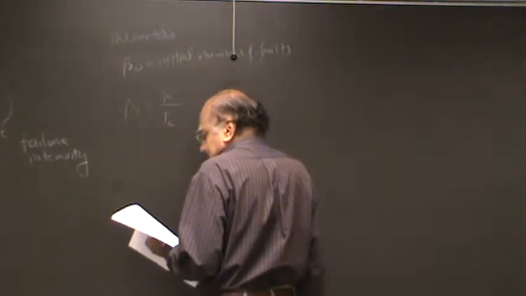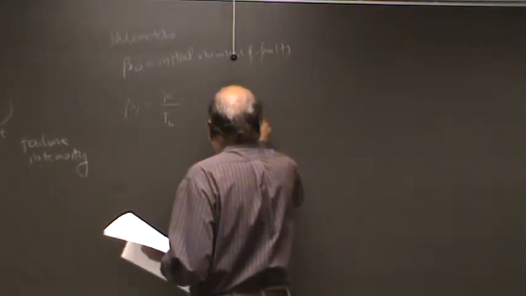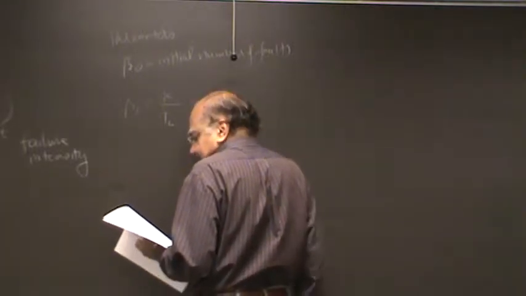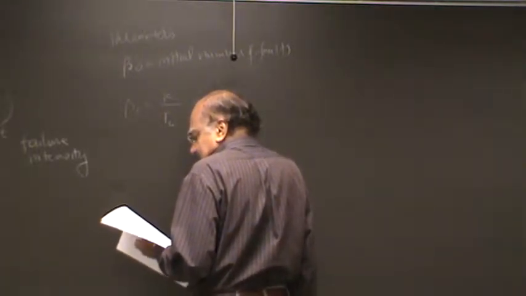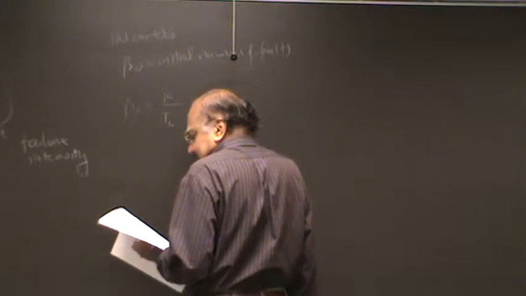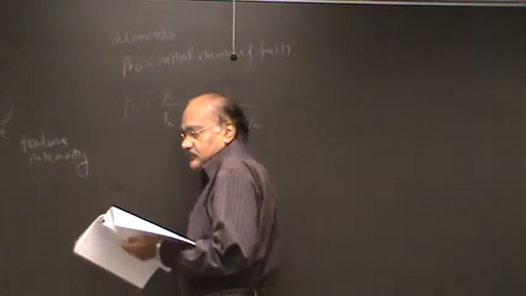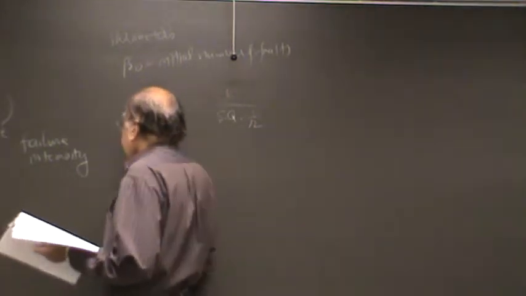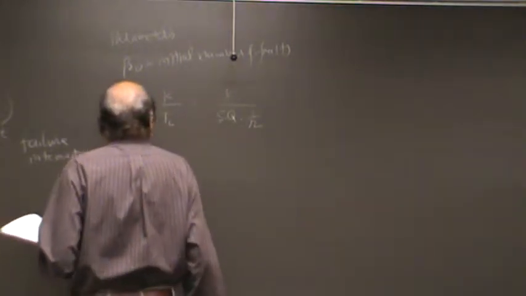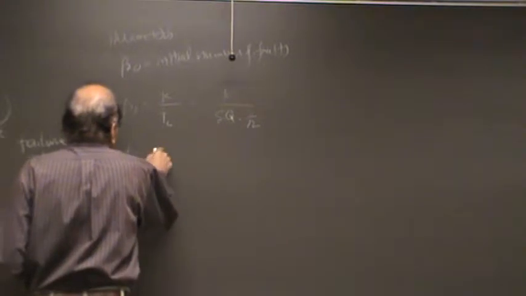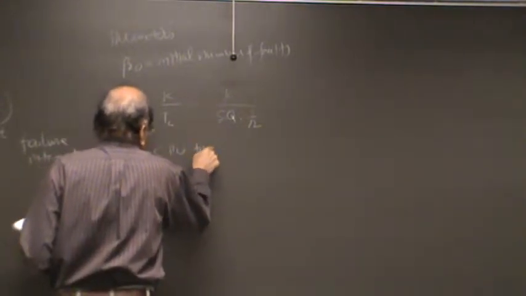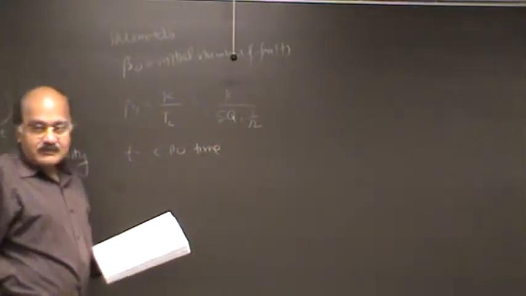And the time it takes to execute one single instruction, so 1 by R is the number of instructions executed per second. So this is the instruction execution rate for the processor. Now this assumes that you are measuring time in CPU execution time.